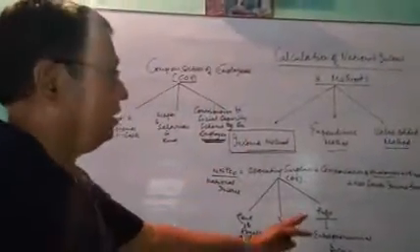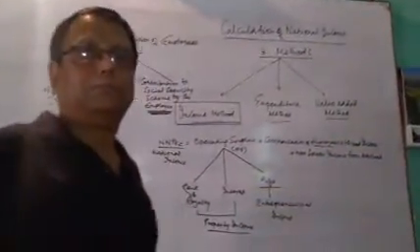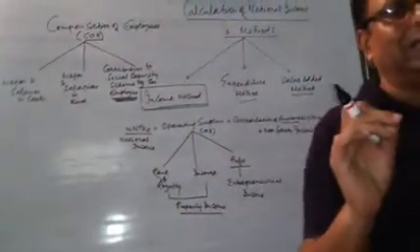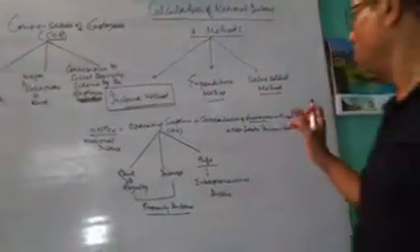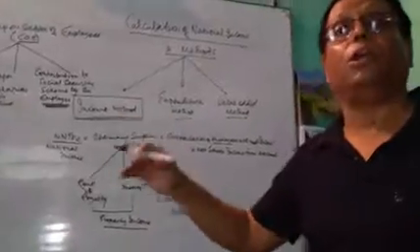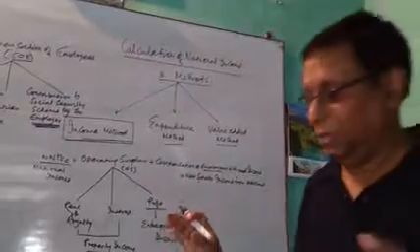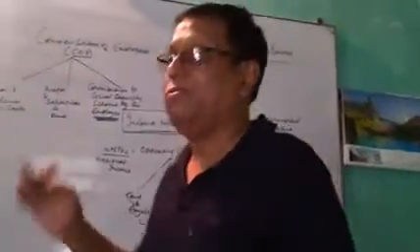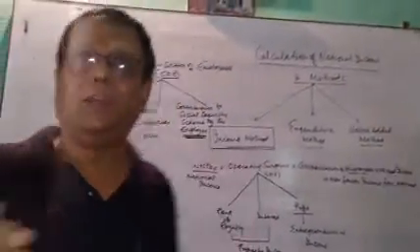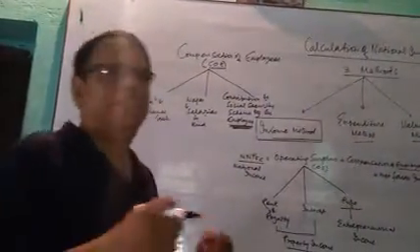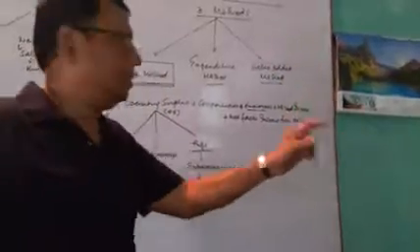Now the third one is the mixed income. In your question you will find it as mixed income of the self-employed person. It has no component at all. A person who is earning on his own, who is not working under any employer, whatever he is earning may be termed as mixed income of the self-employed person.